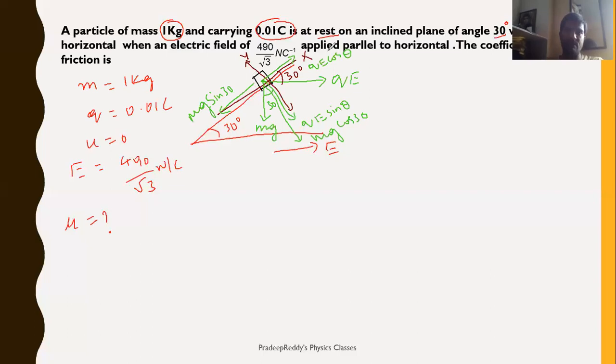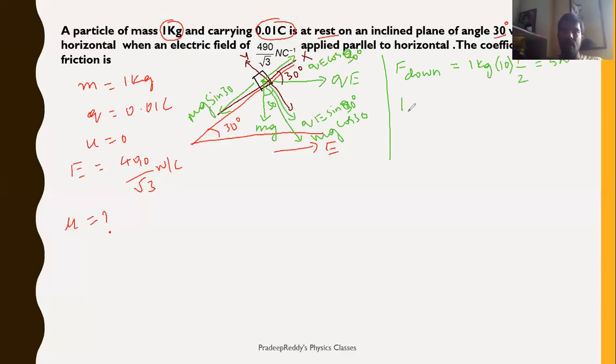Of course, this theta is equal to 30 degrees. So taking those forces, the force downward will be equal to m is 1 kg into acceleration due to gravity 10, into sin 30 which is 1 by 2. This is equal to 5 Newton.